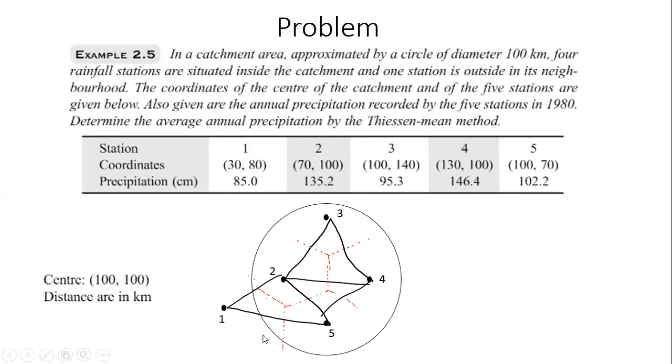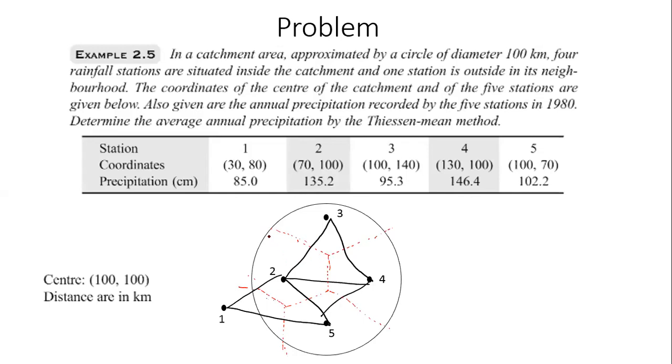But anyway, basically, let us say this is location 2. Let me just extend these perpendicular bisectors all the way to the end. So is this okay?